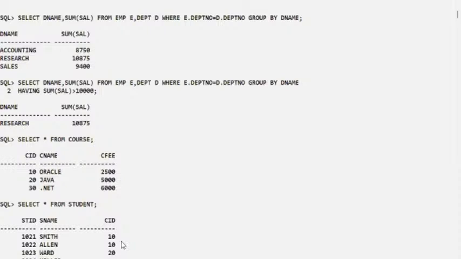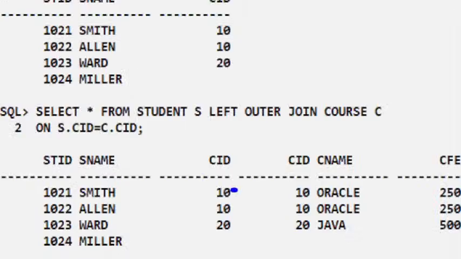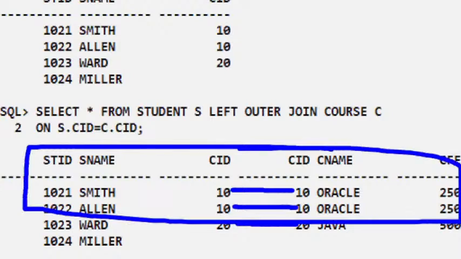So course. And now I'm writing here ANSI joins, on S.CID is equal to C.CID. Now we can see: 10-10 matching, 10-10 matching, 20-20 matching. Matching data from both tables. Can you see? Yes. But here unmatching data is there. Can you find it? Yes.